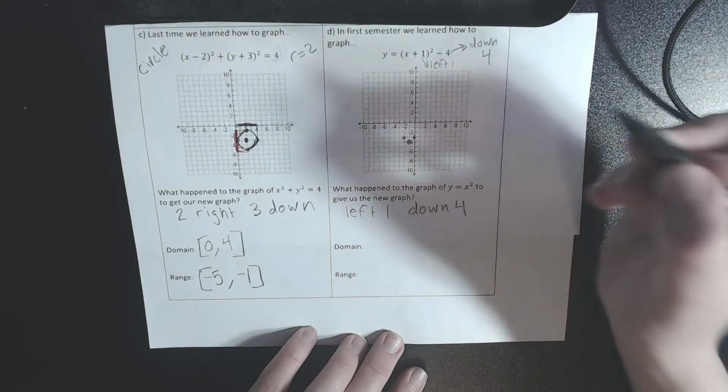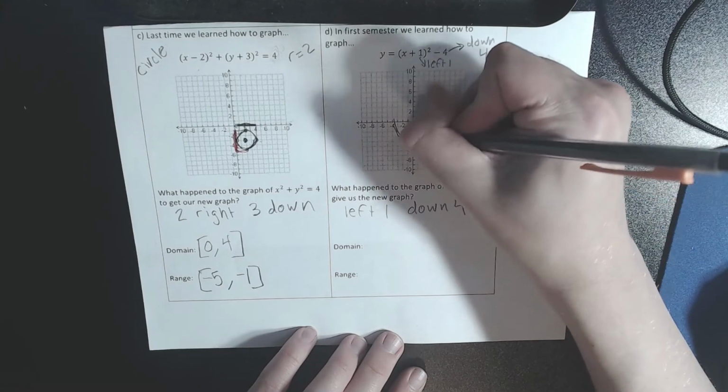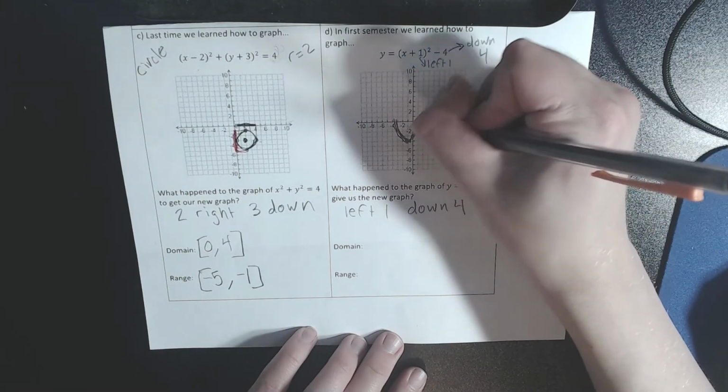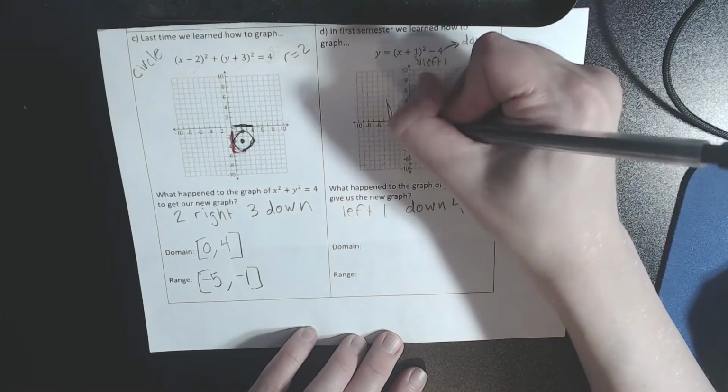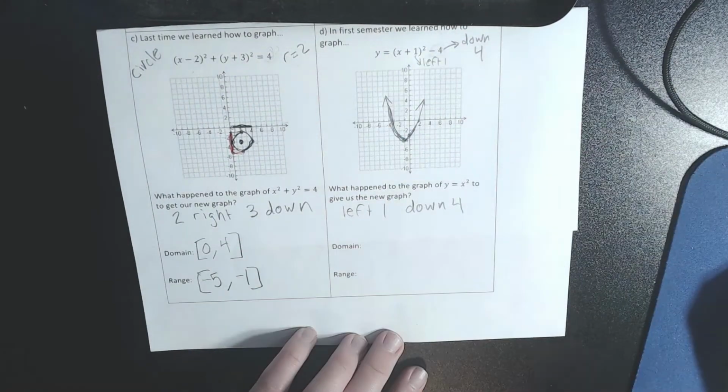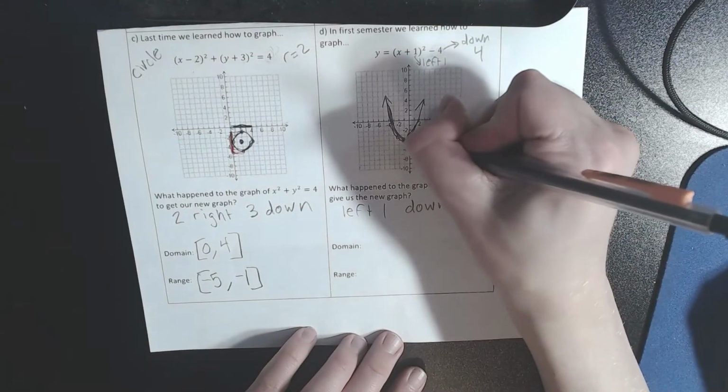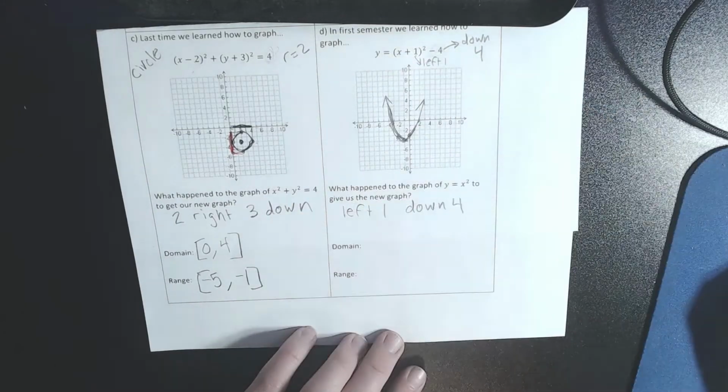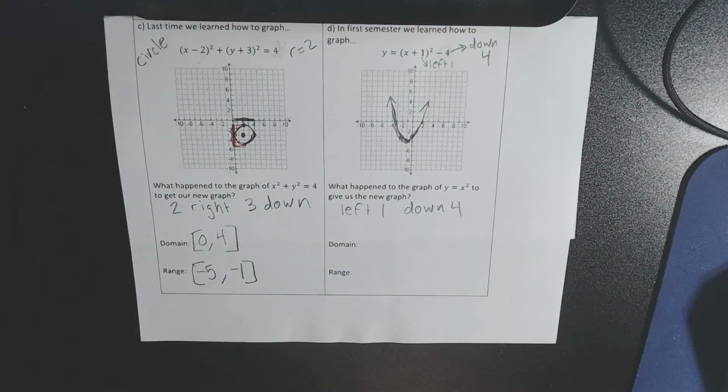It goes over 1 and up 1 on both sides, like this. I'm just drawing a rough sketch. But over 1, up 1, over 1, up 1 on both sides. Okay? And that is your parabola. So that's y equals (x plus 1) squared minus 4.